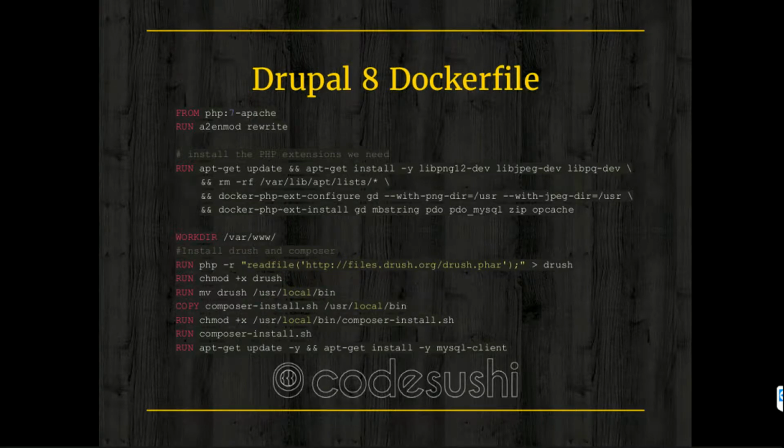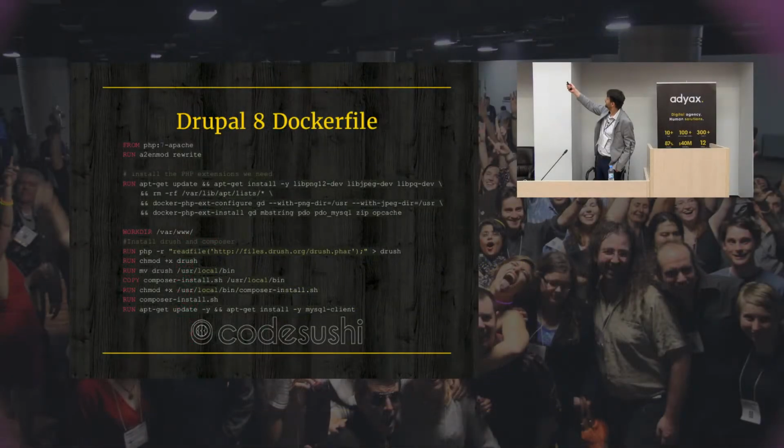Next is quite the same set of magical spells. This is the Drush, and here is a new part, which is installing Composer. I guess you all know what Composer is. Composer is an awesome tool as well, like Drush, which allows you to install dependencies.